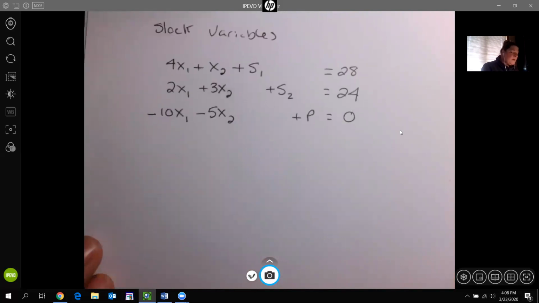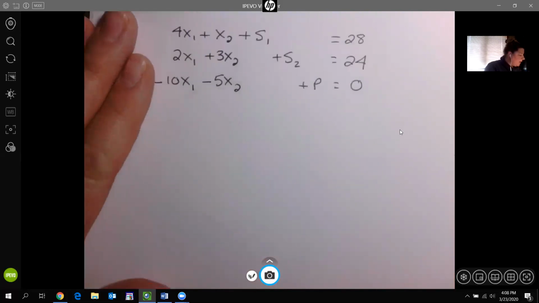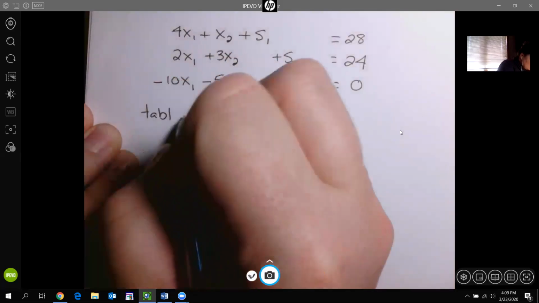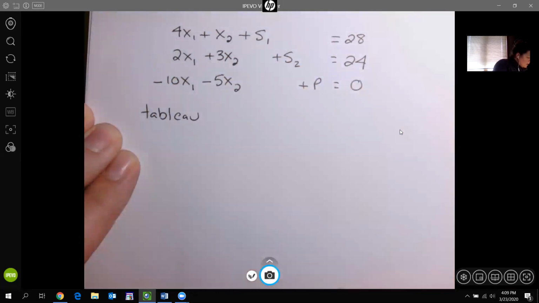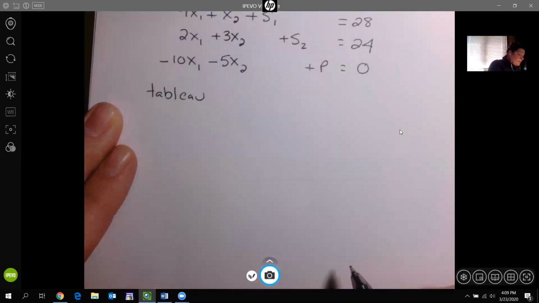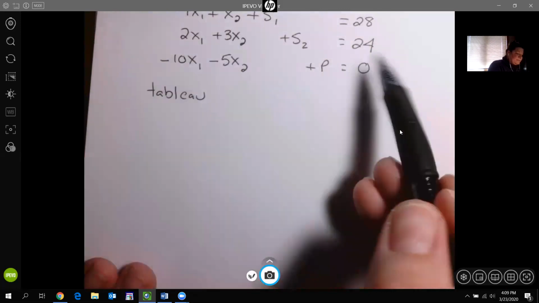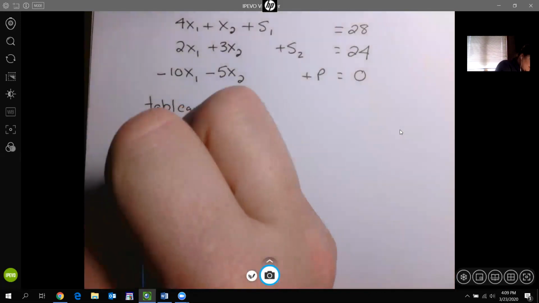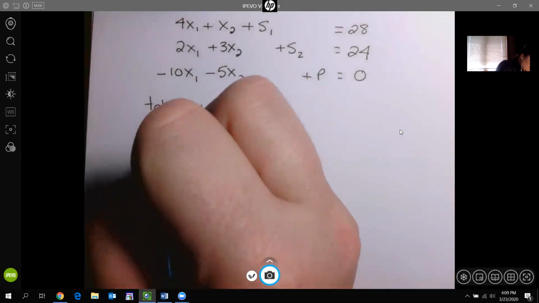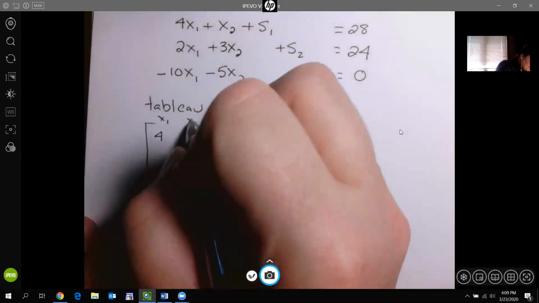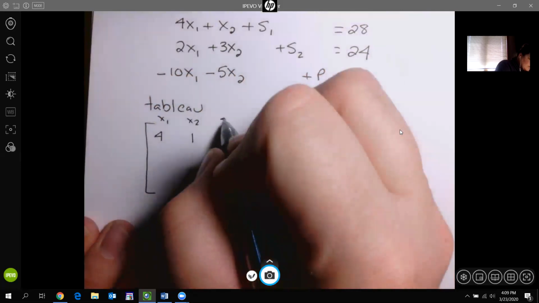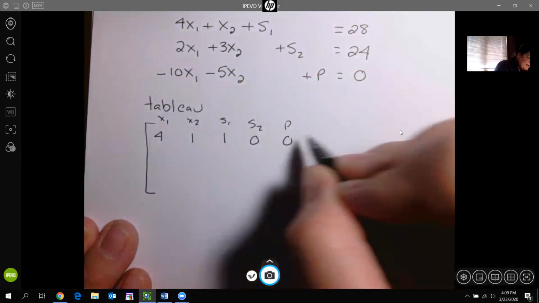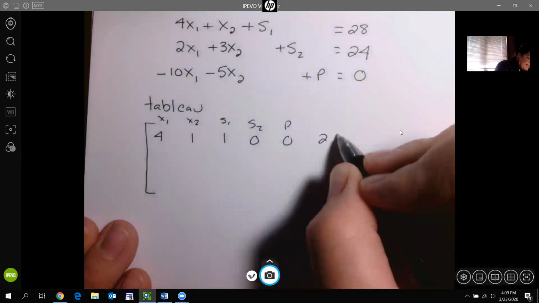Then remember, after we write out our slack equations here, we can form our tableau. That is formed by writing a matrix given what we have here. So our matrix is going to go 4 for x1, x2 would be 1, s1 would be 1, s2 is 0 on this one, P is 0, and it equals 28.